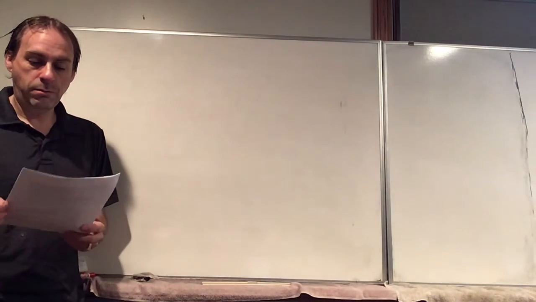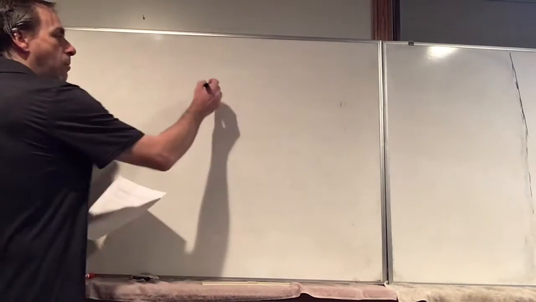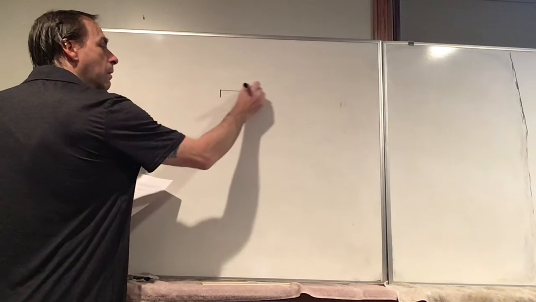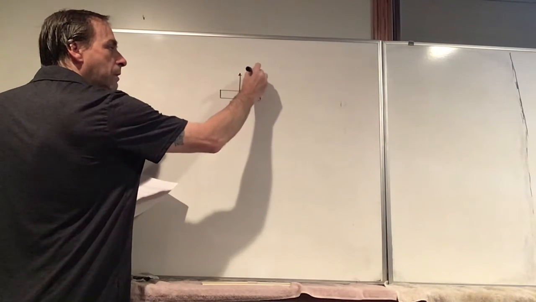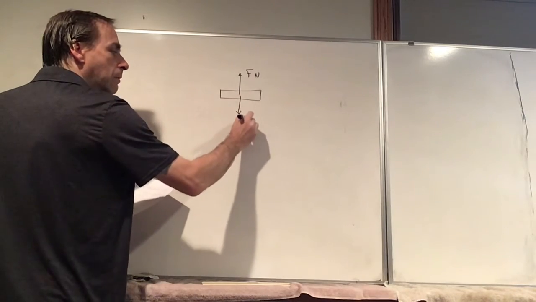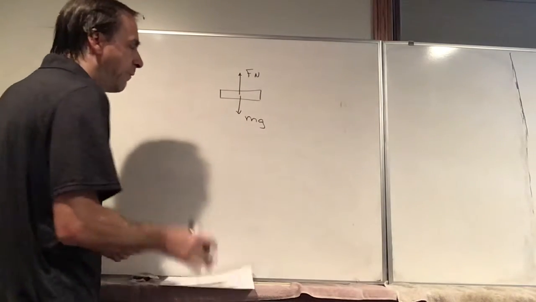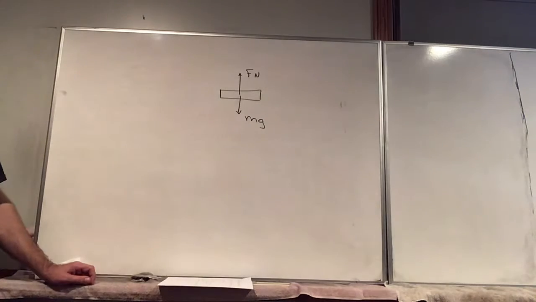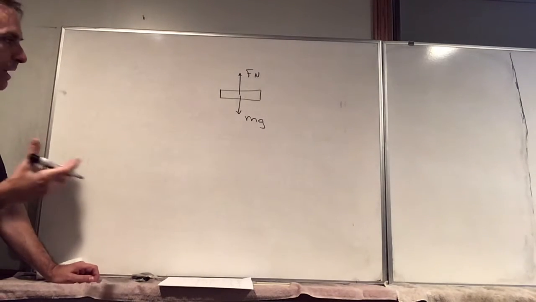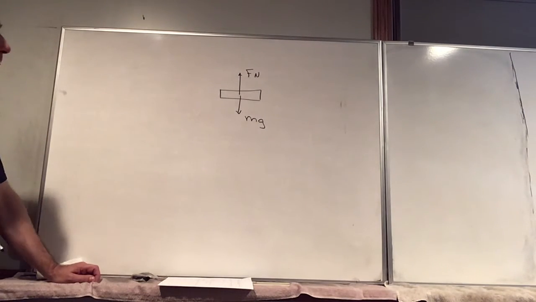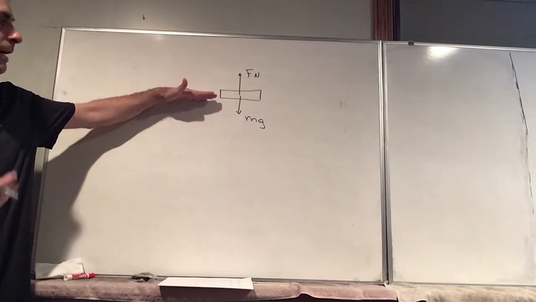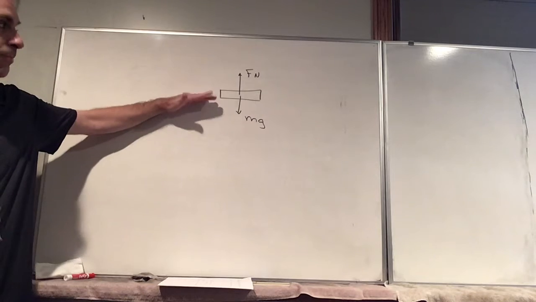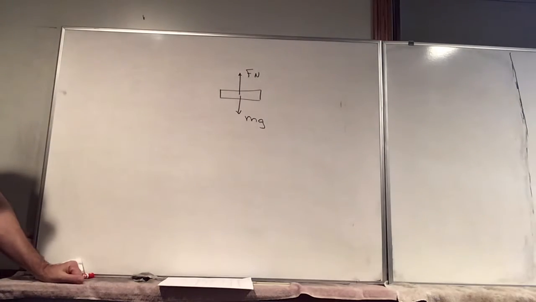We have gravity and the normal force acting on the book. And these forces are equal in magnitude and opposite in direction. But that's not Newton's third law. The normal force is coming from the table, or whatever surface it's resting on.